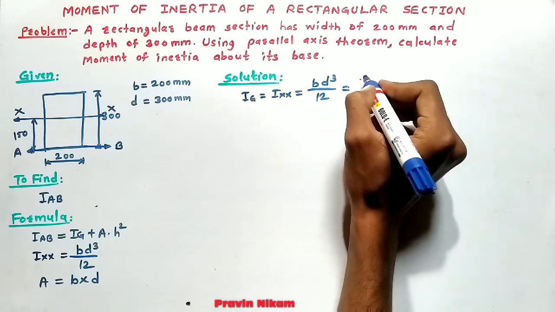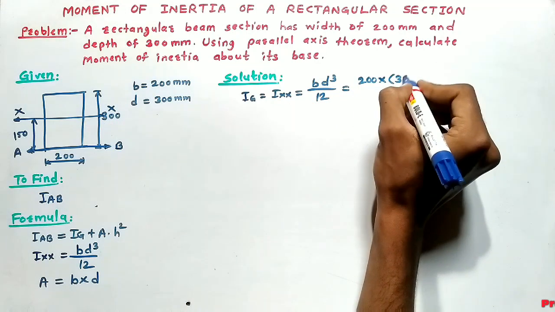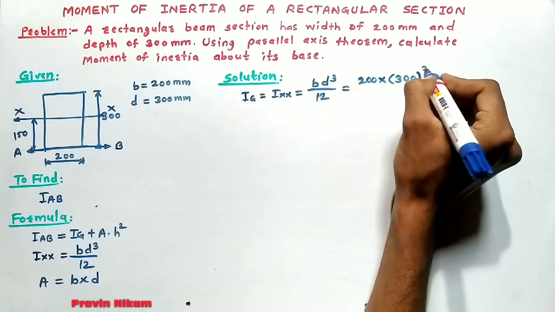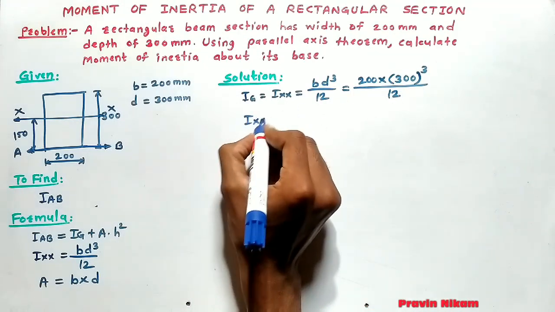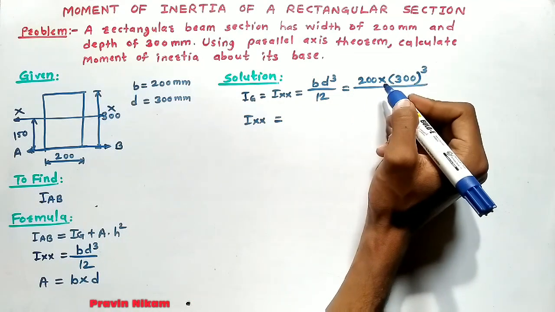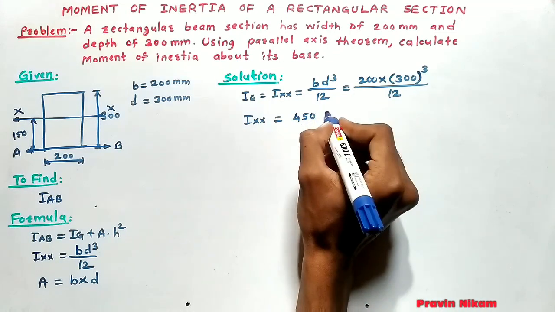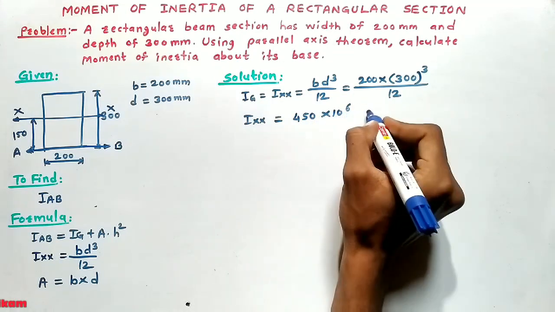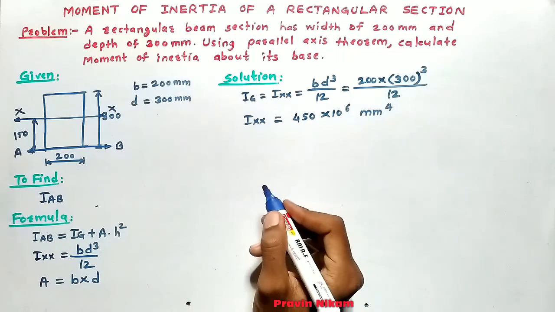B is 200 into D is 300 cube, divided by 12. Put all these values in your calculator.